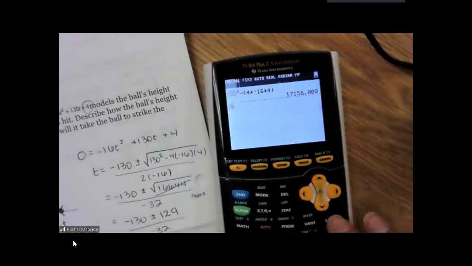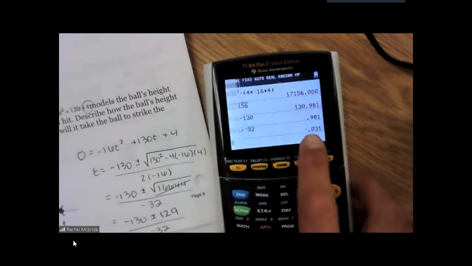Okay, so then we're going to put our answer in there, and then subtract 130, divided by negative 32. And you get almost 0.